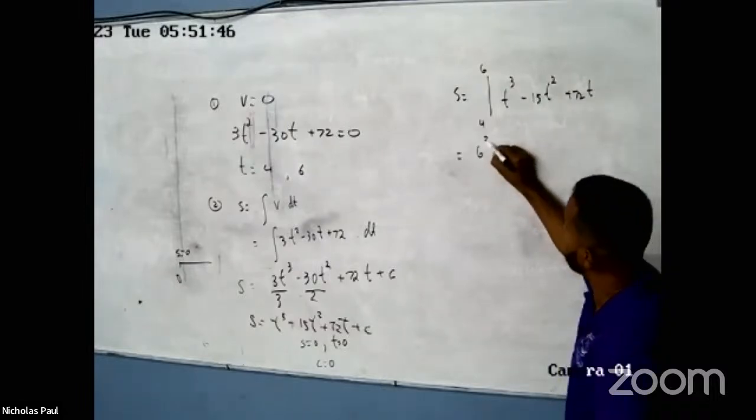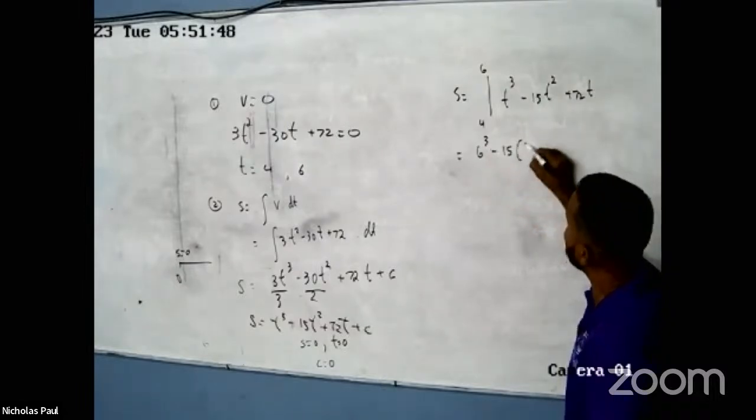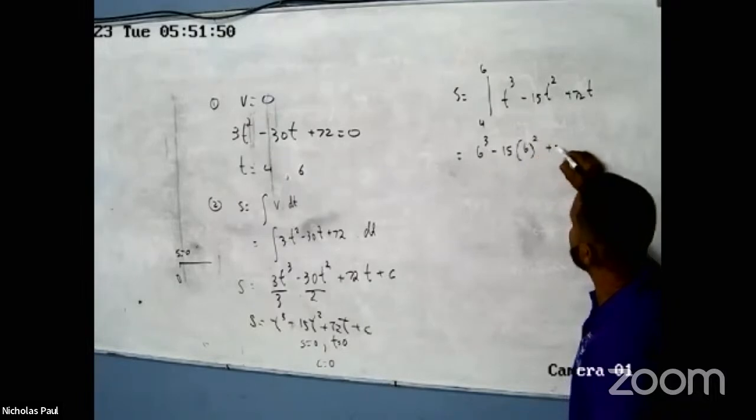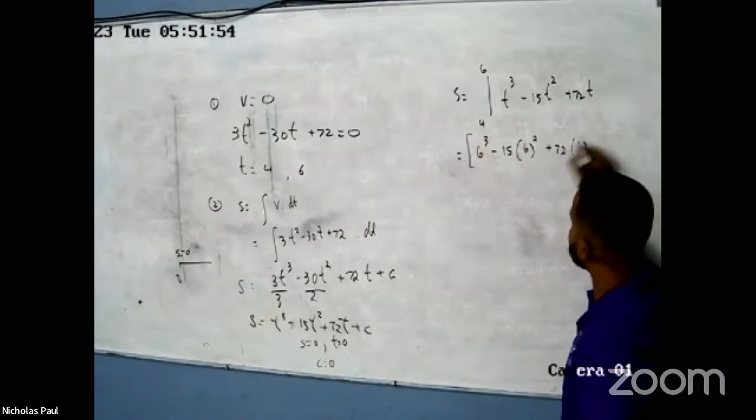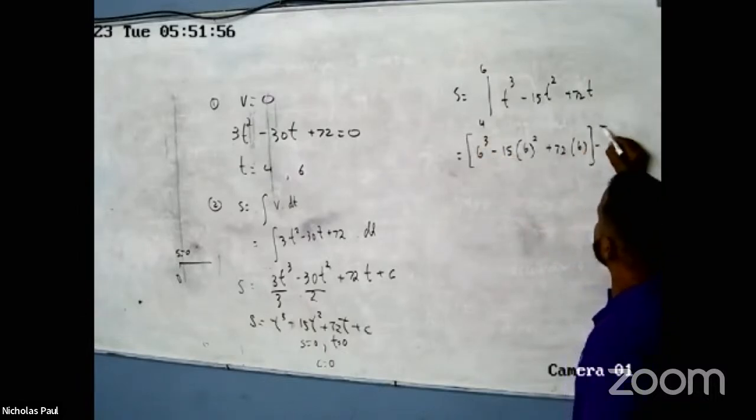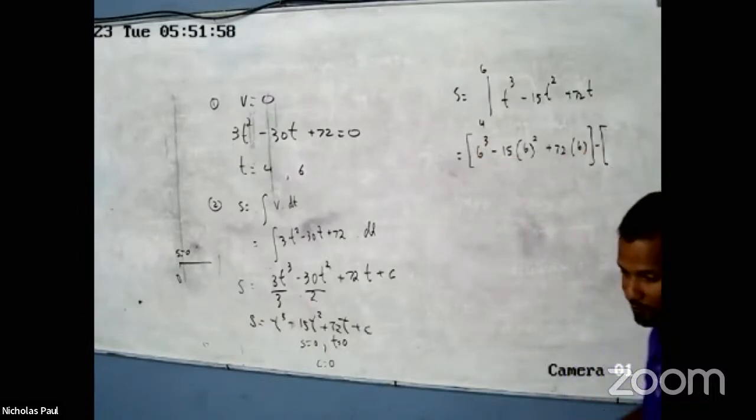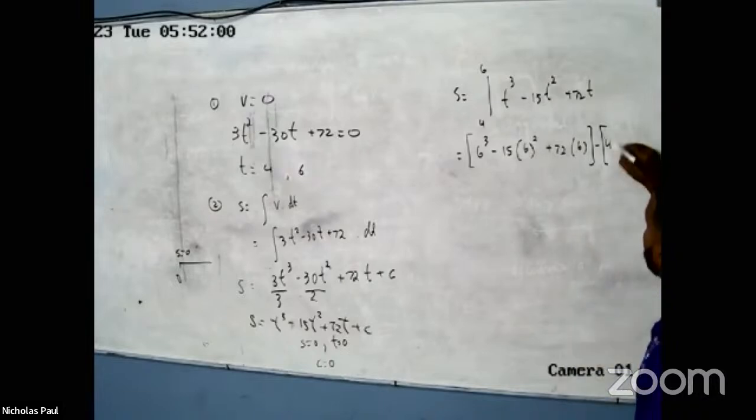So that's 6 cubed minus 15 by 6 squared plus 72 by 6, minus, plug in the value with 4. So that's 4 cubed minus 15 by 4 squared plus 72 by 4.